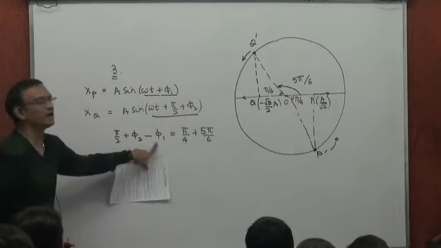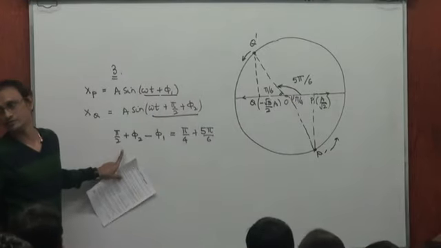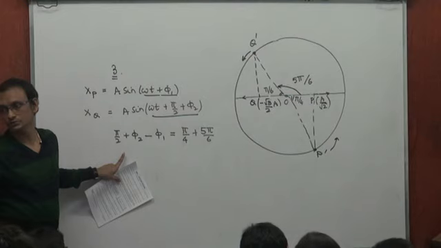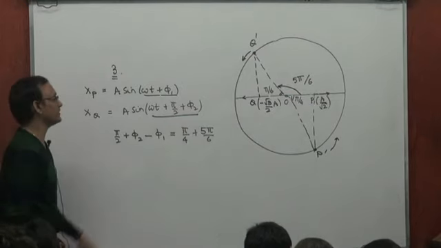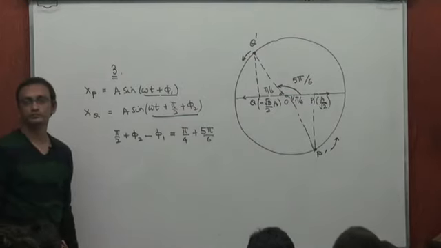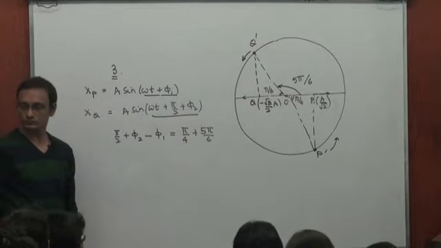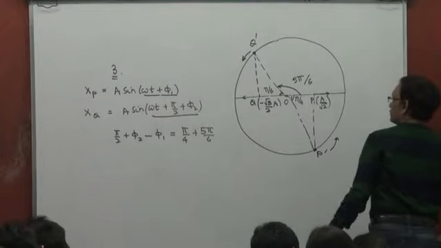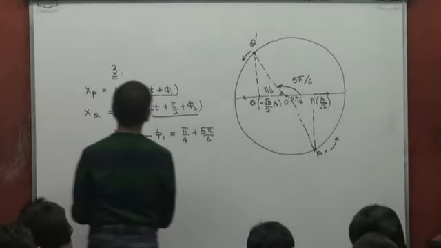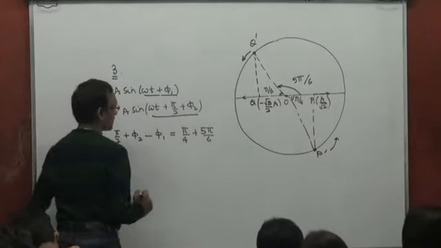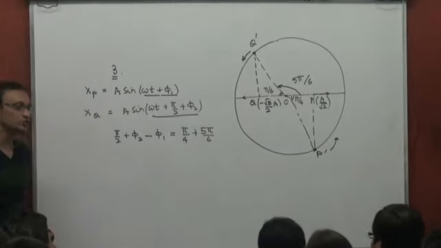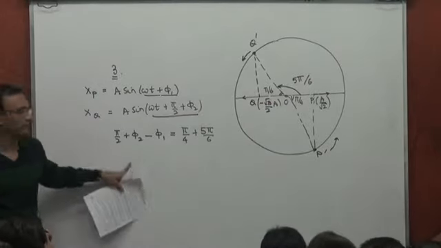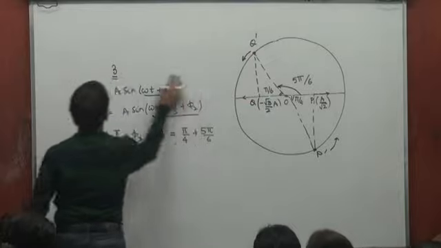And therefore, phi 2 minus phi 1 would be readily available to you. Got me? So it turns out to be 7 pi by 12. Phi 2 minus phi 1 is 7 pi by 12.